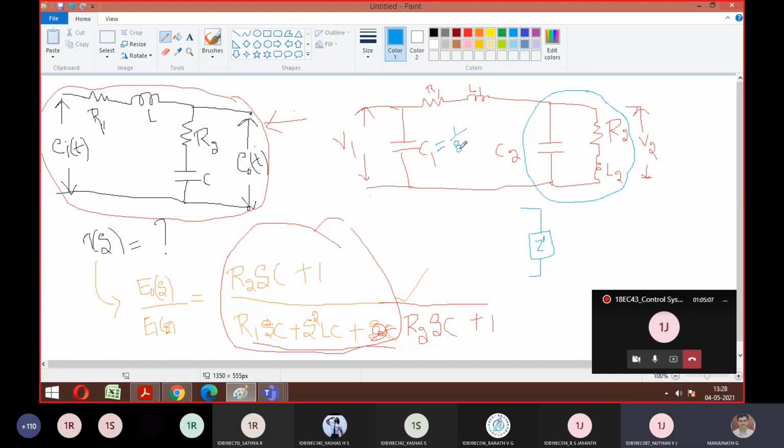So instead of writing in the equation, you can represent things in the circuit also. Similarly, for an inductor it is S into L1. If a capacitor is there, 1 by S into C1. Then write the equation and get the answer. So this possibility you can also do. Both are correct. Is it okay to everyone?